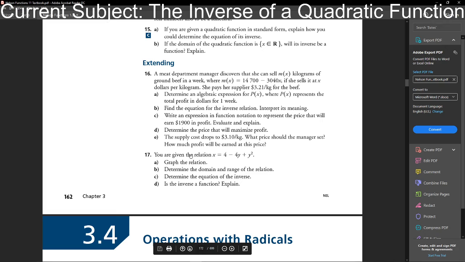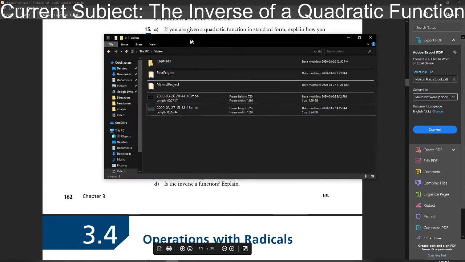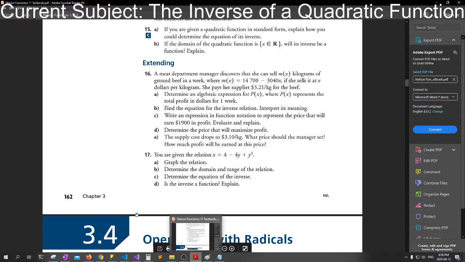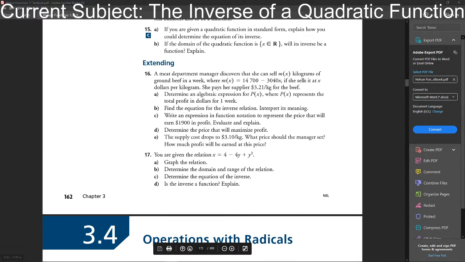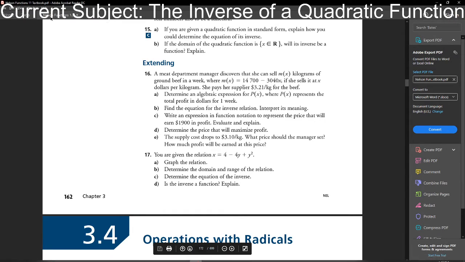I wonder if there's an answer key to this one that I can just follow along with. So I'm just going to open up a second instance. Might not do that. Interesting.